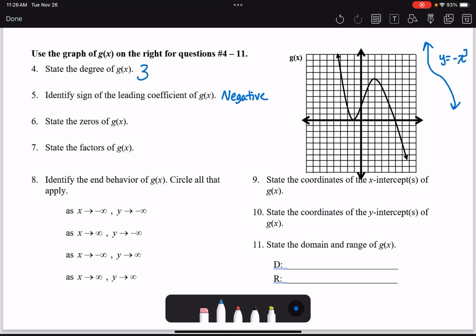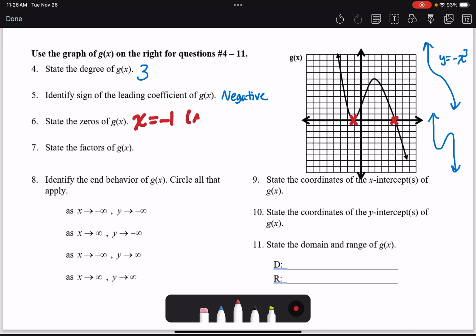I keep drawing just y equals x cubed, but we know that it could have a more defined curvature there with 2 little bumps, a local max and a local min. The zeros, I have one here and I have one here. So one of my zeros is x is equal to negative 1.